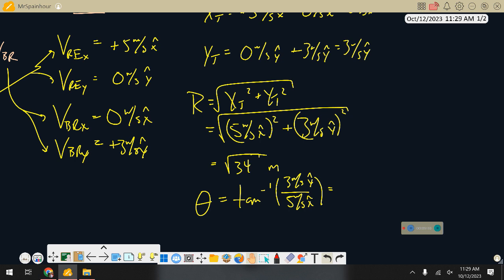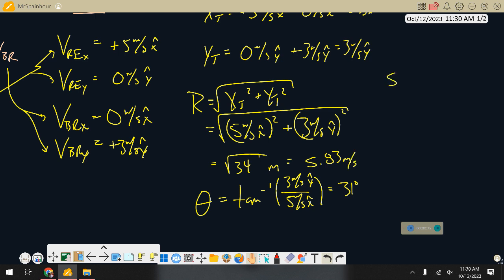Square root of 34 is actually 5.83. Inverse tangent of 3 over 5 is 30.96, we'll just say 31 degrees. Now, because you can measure angles in different spots, here's what you want to write.